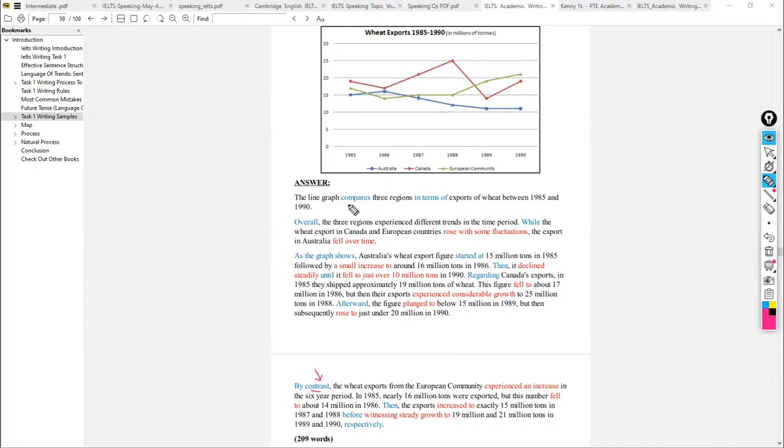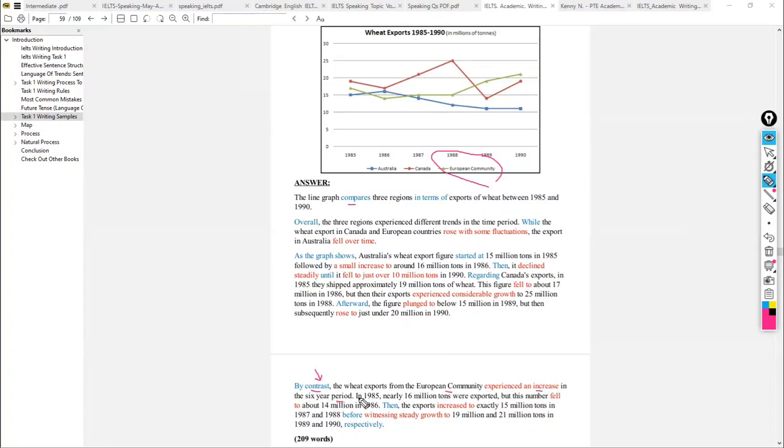Comparing is to look for similarities. Now by contrast, the wheat exports from the European community experienced an increase in the 6-year period.